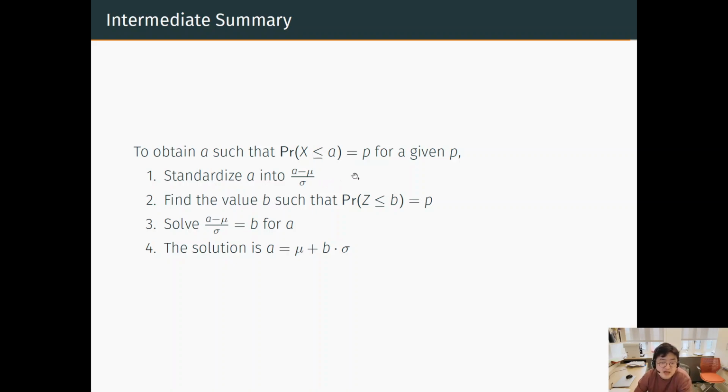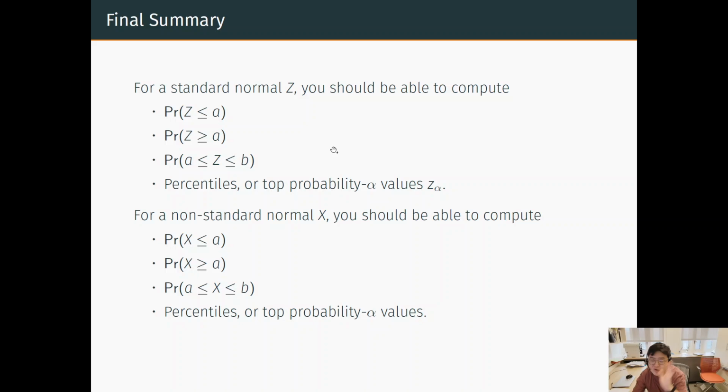The idea is matching those two, or you can use the standardized value, like B, and add that much distance to the mean after multiplying by the standard deviation. So that's the idea of standardization. And we learned all these things. We learned how to calculate any probability or percentile in the normal distribution, either standard or non-standard.